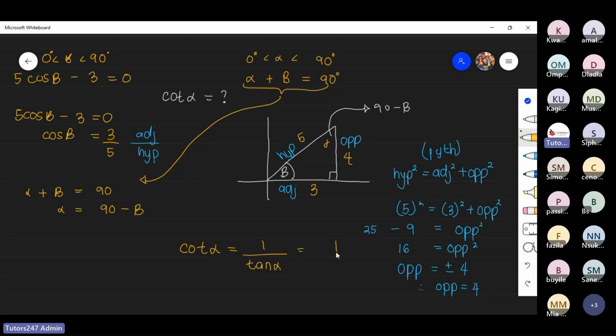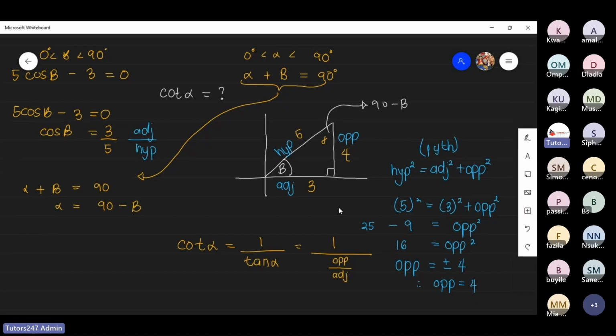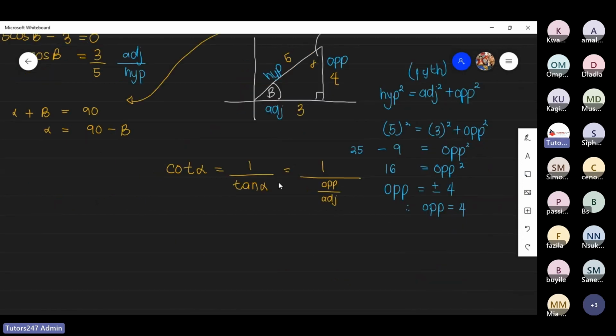So from here you put your 1 over. We know that tan alpha is opposite over adjacent. So let us make some space. So that is what we have, right? Tan alpha is equal to opposite over adjacent.